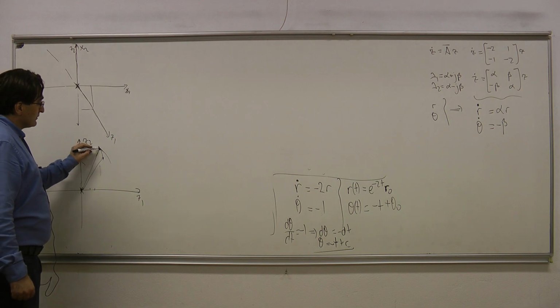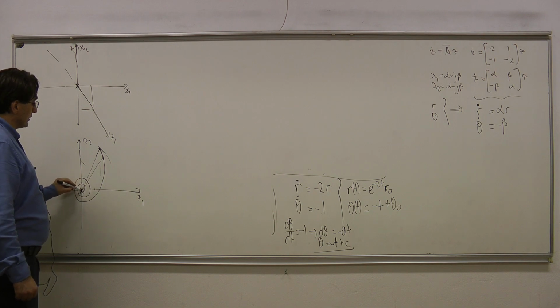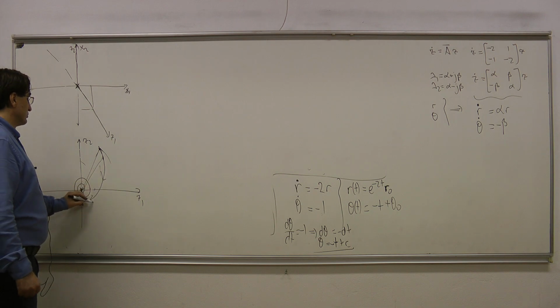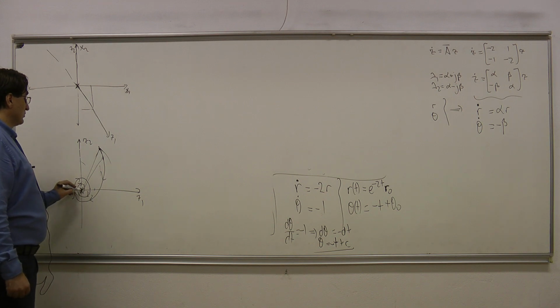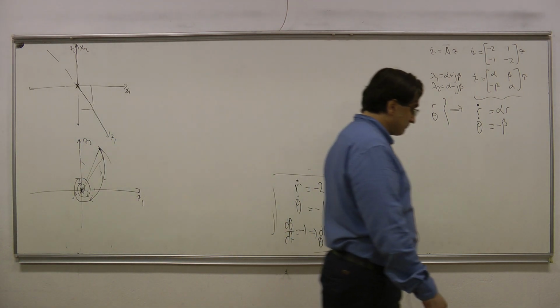But that is actually telling me that the motion is going to be something like this. Okay, the radius is always going to get smaller and smaller. We would be rotating in that direction, and we're converging to 0. All right?